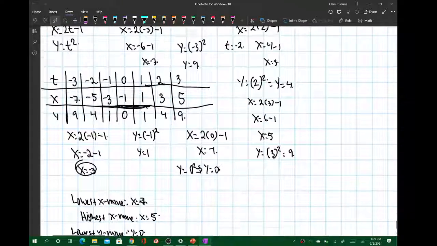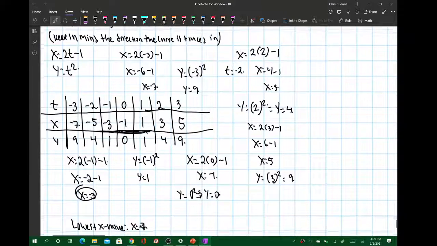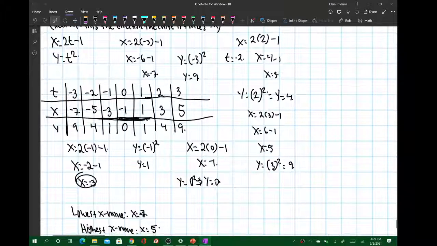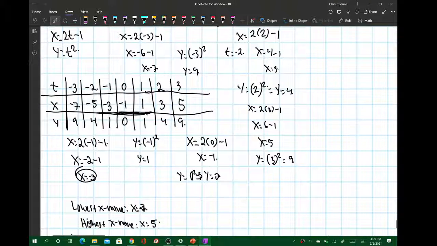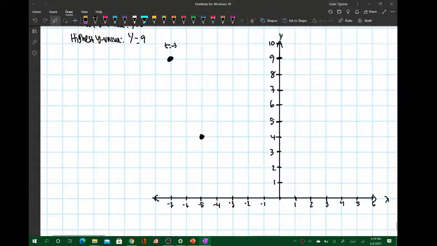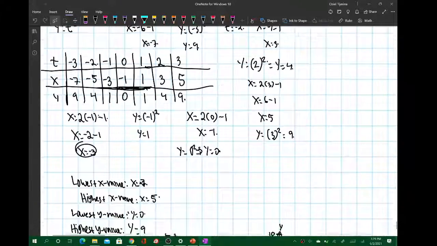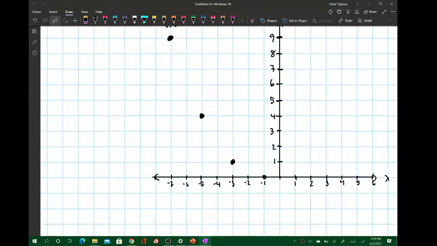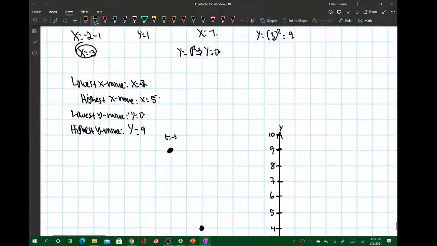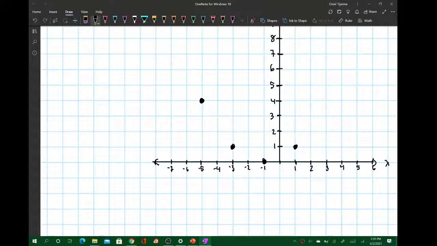Okay. And then we have -3, 1, right? So -3, 1 is right here. And then we have -1, 0, so right here. And then we have 1, 1, so right here.